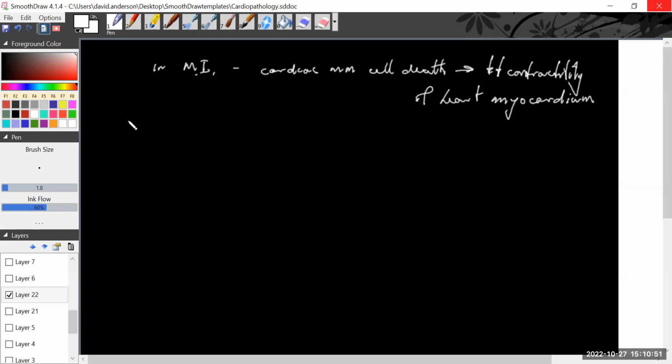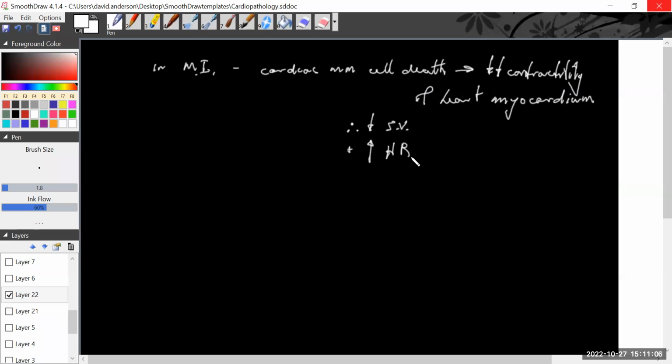So if we have decreased contractility, we're going to have a reduced stroke volume. And that's going to require an increase in heart rate.